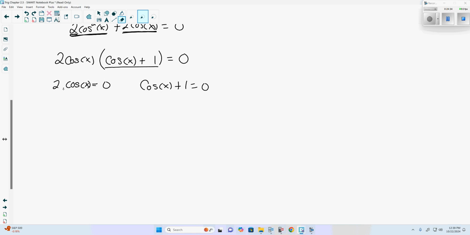Now if we left the 2, and this is what we would normally do, we just divide both sides by 2. 2 cosine of x divided by 2 is cosine of x. 0 divided by 2 is 0, we get to the exact same place.